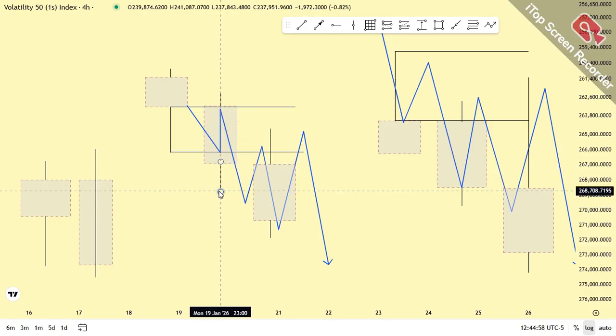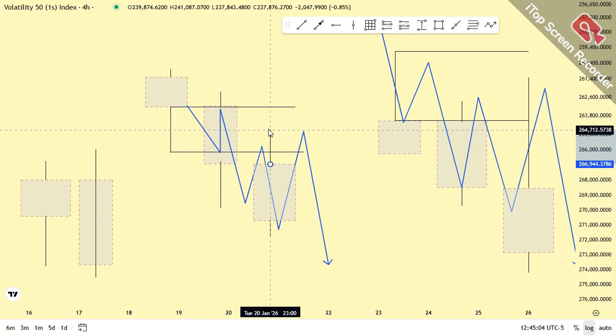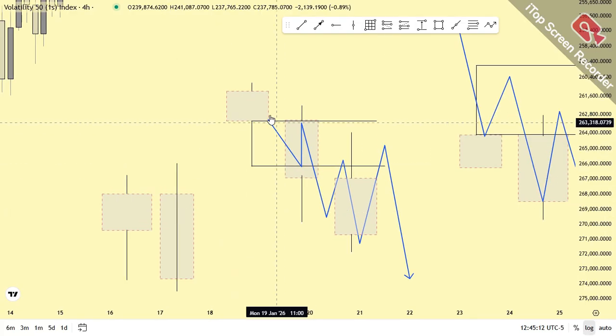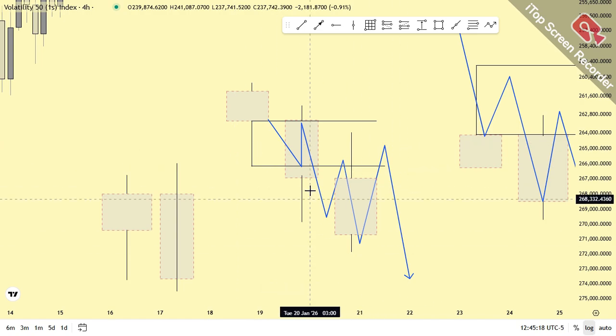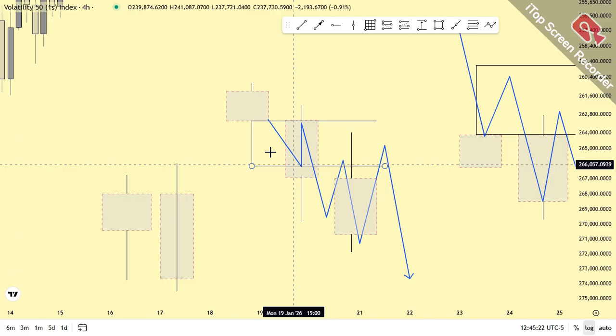So this is that rejection candle that I was talking about. This is the rejection to the upside, and then we've covered this. So this is the rejection, then this is that rejection here. We've covered this, and then we need to have that pullback into this zone before we take the sell to the downside.